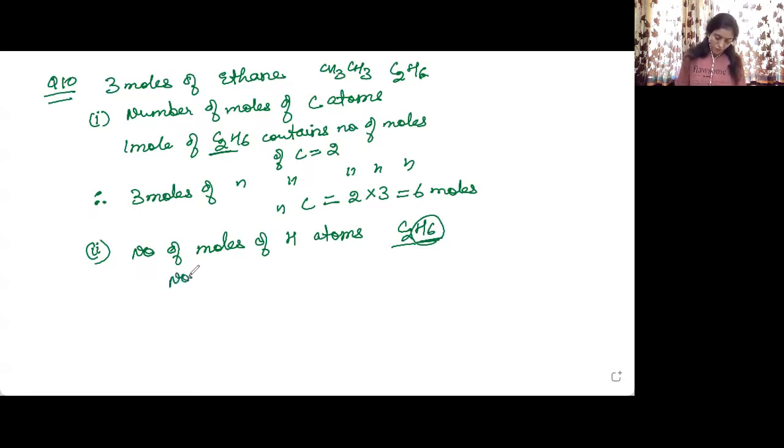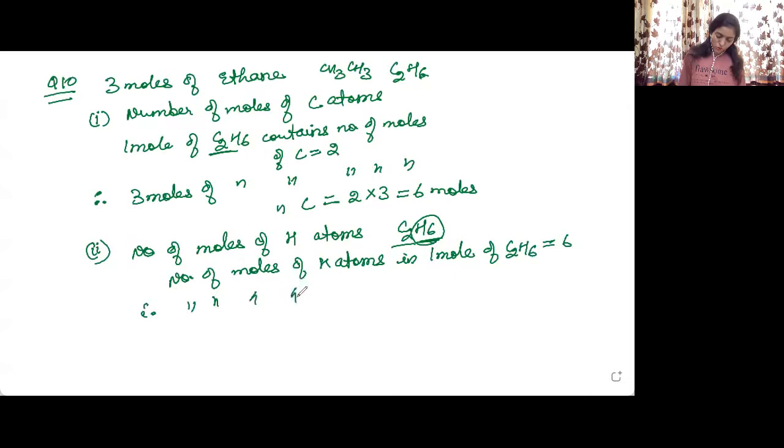So the number of moles of H atoms in 1 mole of ethane is equal to 6. Therefore, the number of moles of H atoms in 3 moles of ethane is 6 multiplied by 3, which is 18 moles. Simple as that.